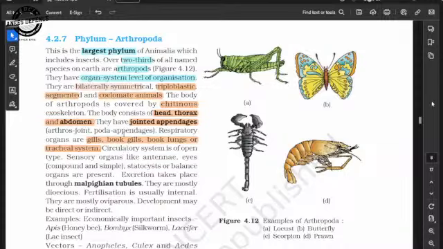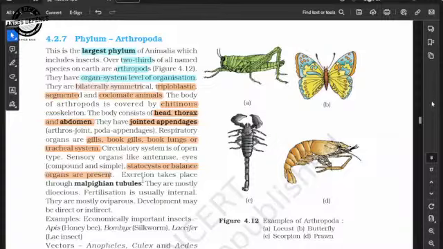For sensory organ, they have a typical structure known as antenna. Eye, they have mentioned compound or simple eye. What is statocyst?